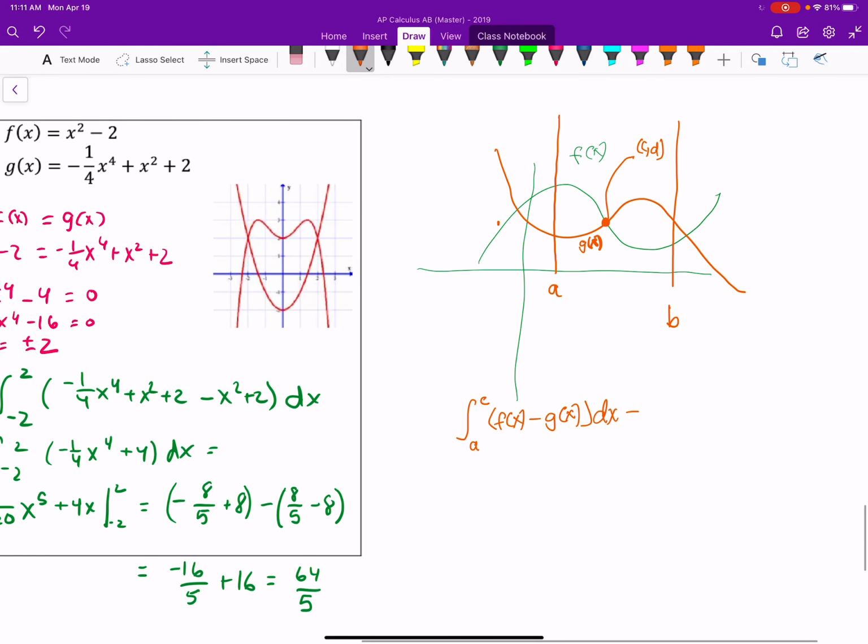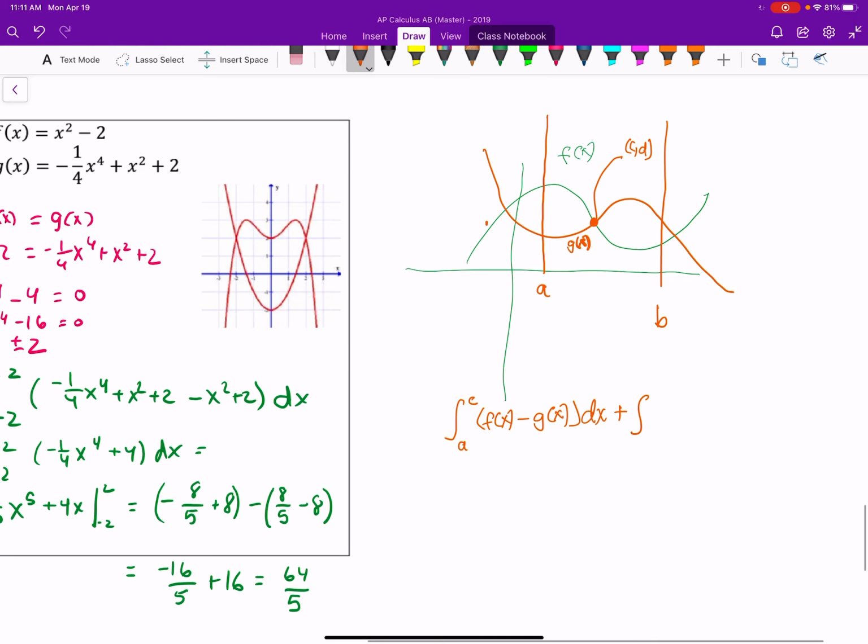And then I would have to add the area from C to B, and now the relationship changes because the g function, g of x, the orange one, is on top, minus f of x, which is the lower function, dx.